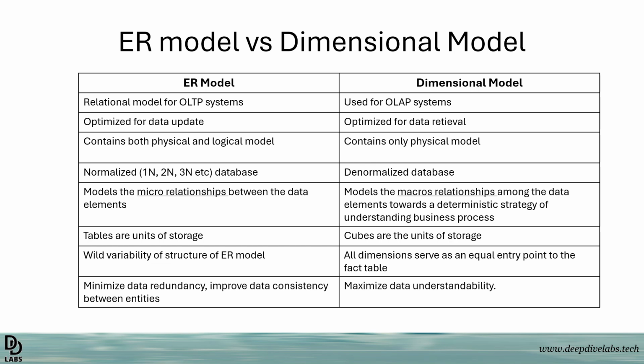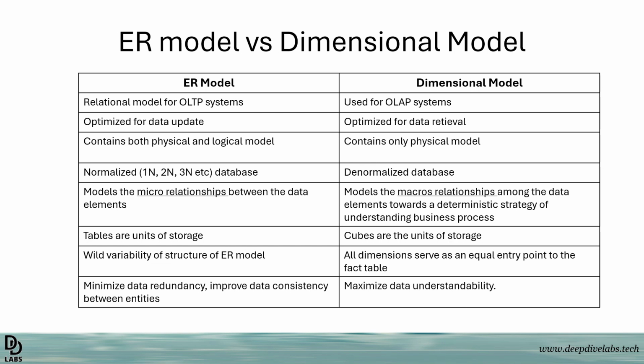Whereas your dimensional modeling models the macro relationship in the data elements towards a deterministic strategy of understanding the business process, right? You are trying to do business intelligence on it. So it is about what the different aspects of the business are that you want to look at.